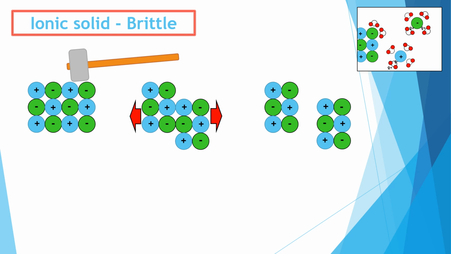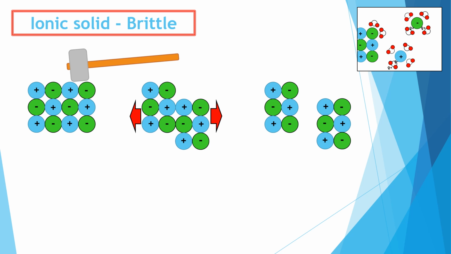If I hit this regular lattice with a hammer and shift a couple of columns down a wee bit, notice that as they shift down, the positive ions move into alignment with the positive ions and the negative ones with the negative ones. We now have an electrostatic force pushing them apart instead of attracting them together. So we've got a force pushing them apart, and that produces what's called a fracture.